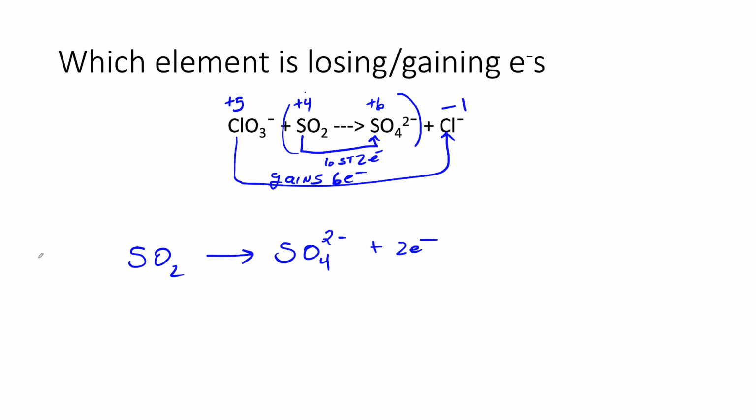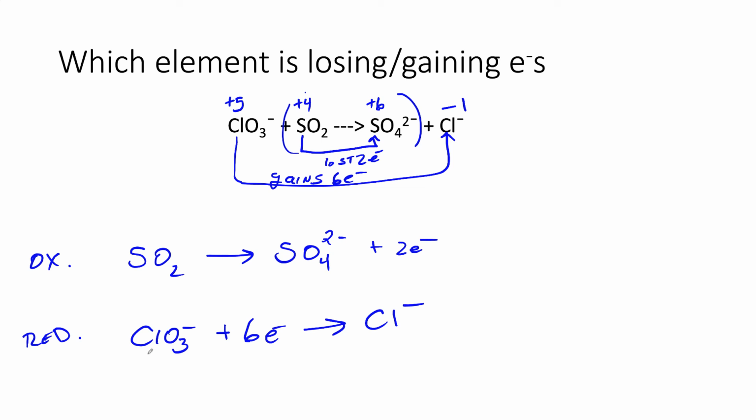So this is oxidation, or OX, and for the reduction, RED, we use the other two. This is how we split them up: ClO3 minus, and since it gains 6, we add 6 electrons on the left, and it gives Cl minus.